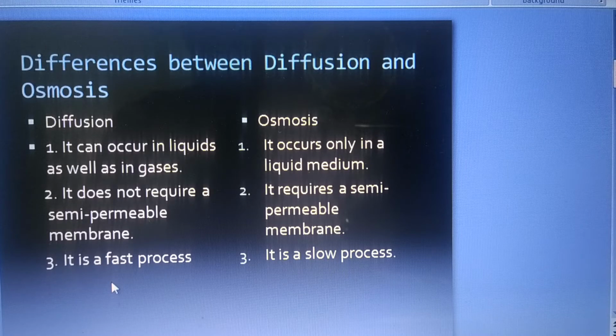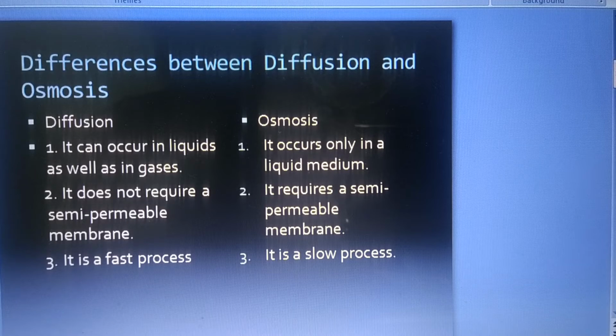So diffusion occurs in liquids as well as in gases, whereas osmosis occurs only in a liquid medium. Diffusion doesn't require a semi-permeable membrane, whereas osmosis requires one. Diffusion is a fast process, whereas osmosis is a slow process. You can write the question, differentiate between diffusion and osmosis.